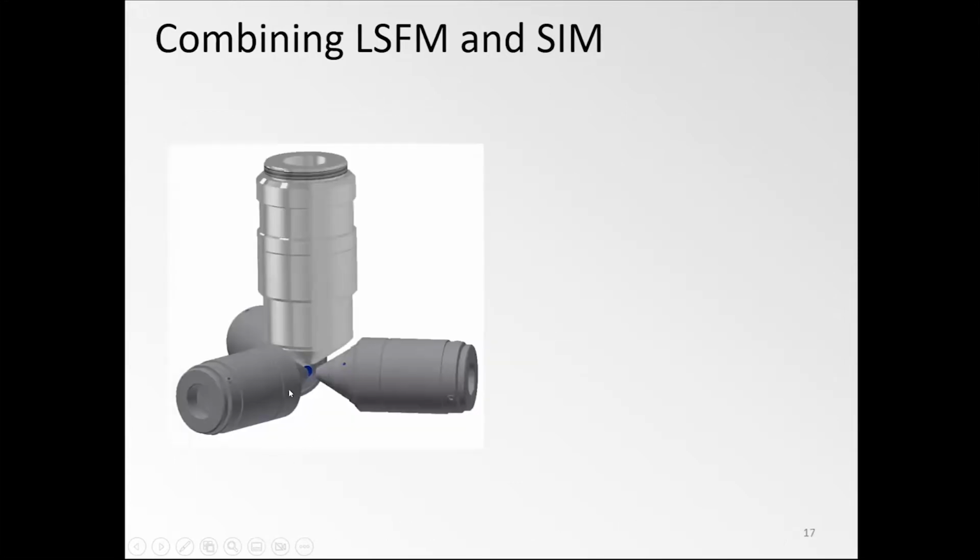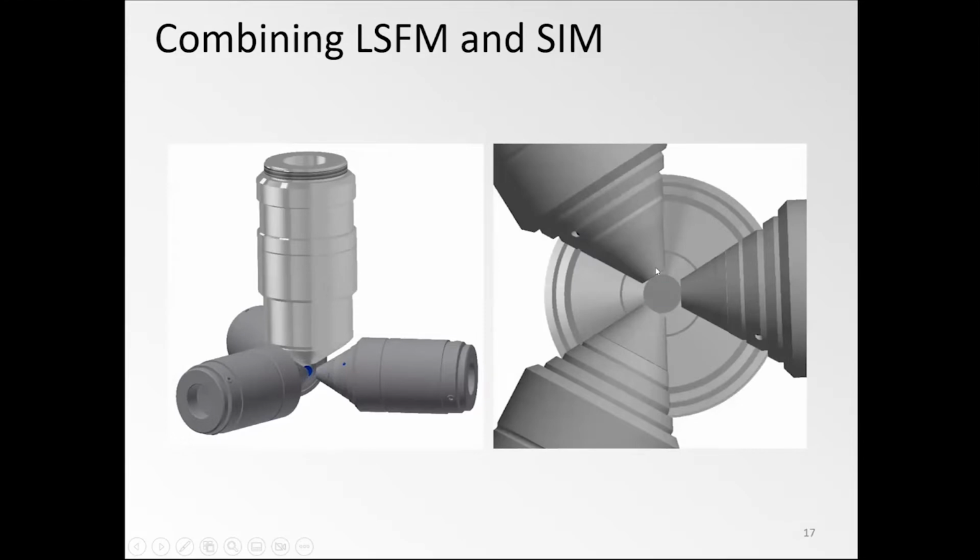So conceivably, we could also just add 2 more lattice light sheets from different angles and put the detection objective on top. So if we were to look from the bottom, we could launch a structured light sheet from here and take turns illuminating the sample.